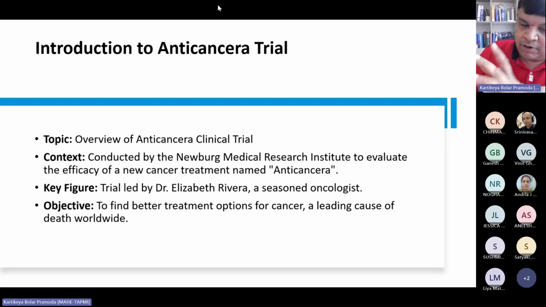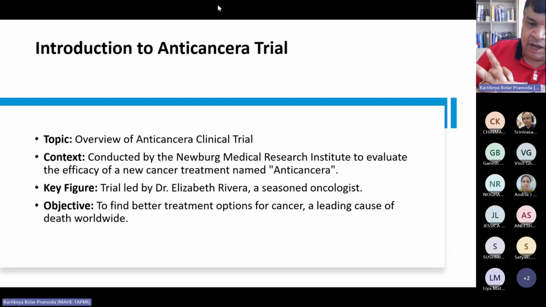Now in this case, there is research going on for a cancer treatment. Okay, so they found out there is a drug, or you can say a series of treatments called anti-cancer.